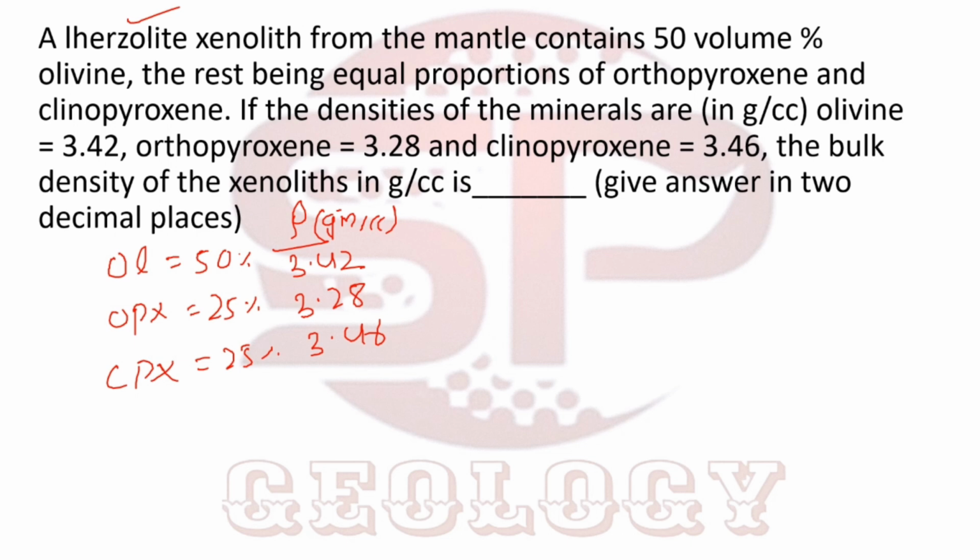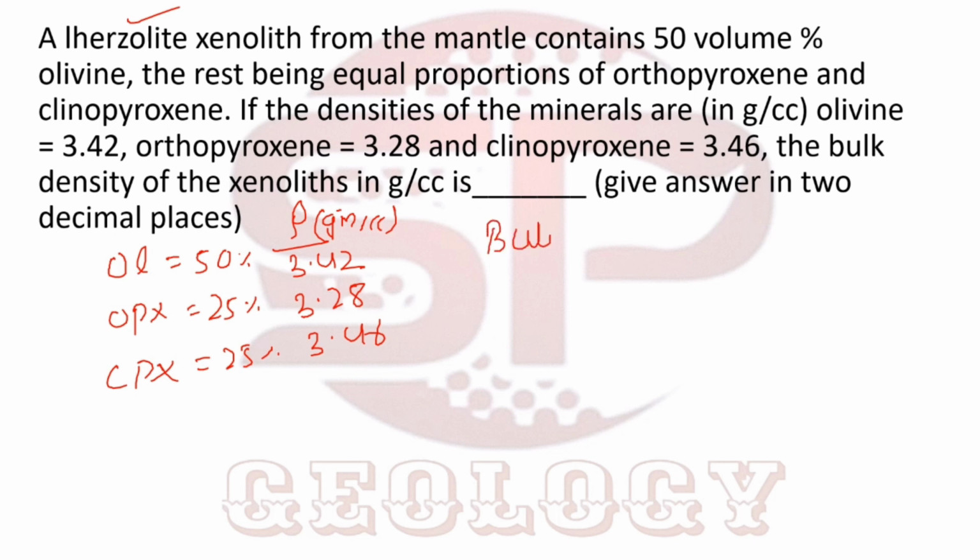If olivine is 100%, then it has a density of 3.42 gram per cc. But it is 50%, so you have to take 50% of 3.42. Then we take 25% of 3.28. Then 25% of 3.46, and then we add. That will give the bulk density of the lherzolite.